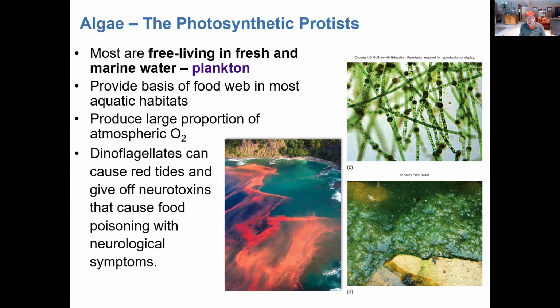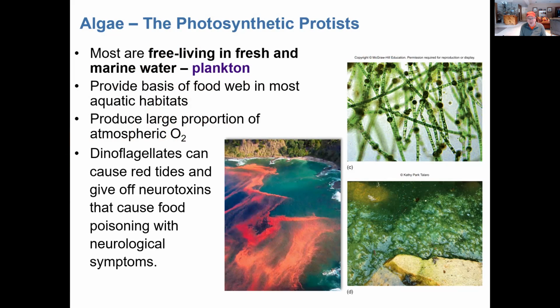One particular group of algae that are quite interesting are called the dinoflagellates. In the lower middle part of this slide, you see an aerial photograph taken of a bloom of dinoflagellates. These are microscopic algae.